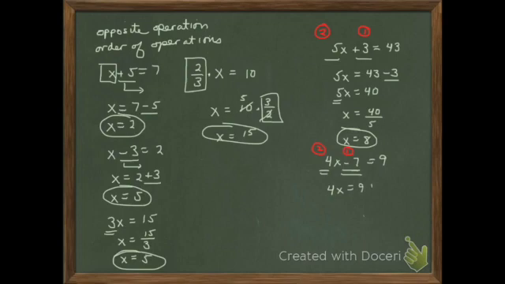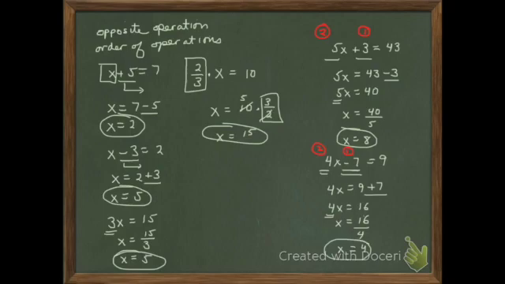So take 9 plus 7. Simplify. Rather than multiplying by 4, I'm going to divide by 4 on the other side. Simplify again, and x equals 4.